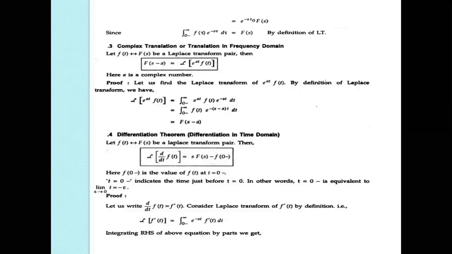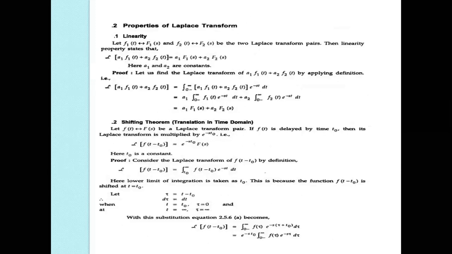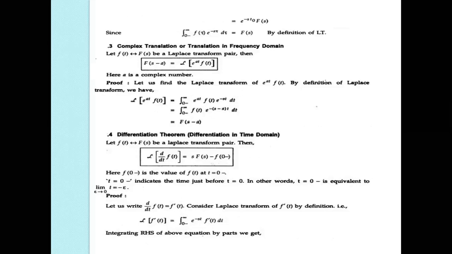Third property, complex translation, or translation in frequency domain. Fourth property, differentiation theorem, or differentiation in time domain. And fifth property is the integration theorem. And the differentiation property we also derived for the bilateral and the unilateral, because there is a difference for those two.